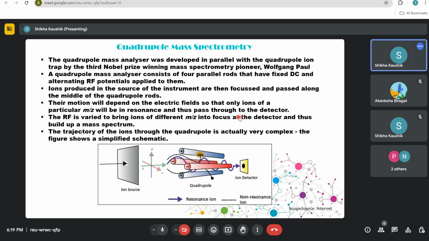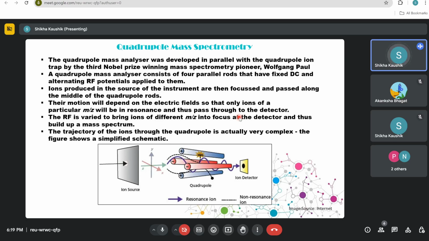So the RF is varied to bring ions of different mass to charge ratio into focus at the detector, and thus build up a mass spectrum, because each mass to charge ratio has its own path. As I have already mentioned, they will take their own path depending upon the electric field, resonance, attraction and repulsion they are experiencing.